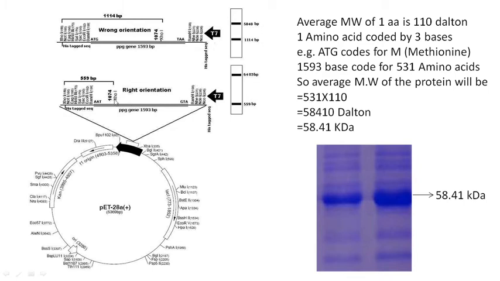However, in the case of the right orientation, you will get two bands, one is 6.4 kb and the other XhoI digested fragment is only 0.5 kilobase pairs. So you can practice this at home, and this is quite important for your CSIR NET examination also.